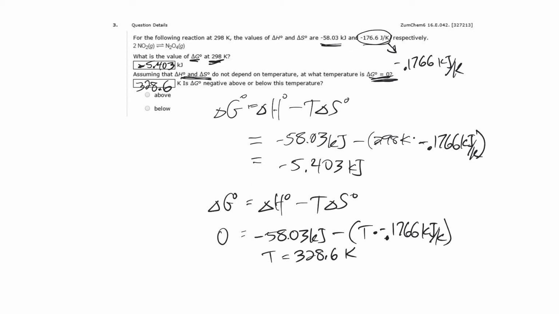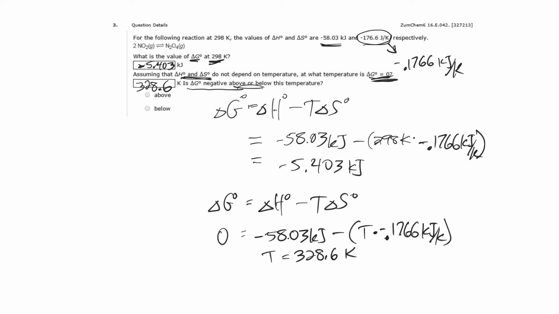Okay, then the follow-up, is delta G standard negative above or below? So if the tipping point is 328.6, would you get spontaneous reactions at temperatures approaching from down below or from above?